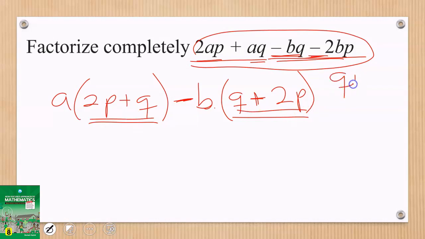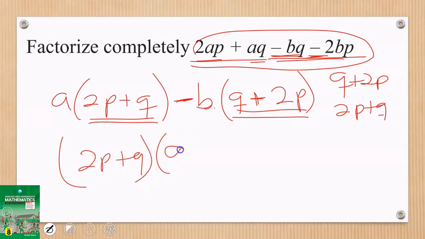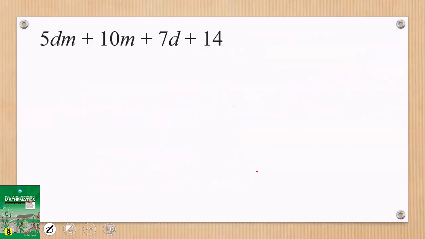Remember, q plus 2p is the same as 2p plus q, because addition is commutative. So if I bring 2p plus q out, I have a minus b, and that becomes the factorization of the expression given.